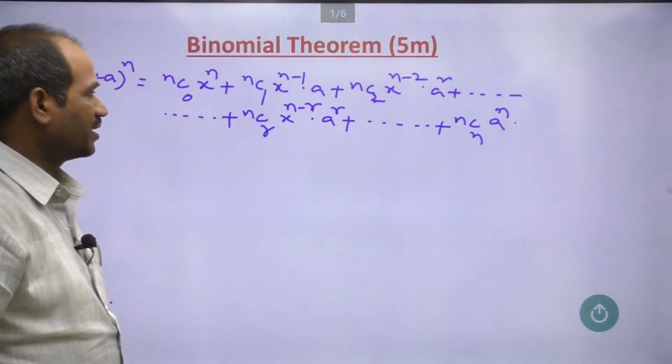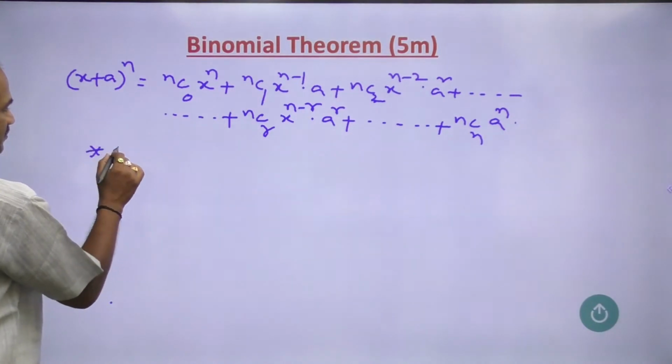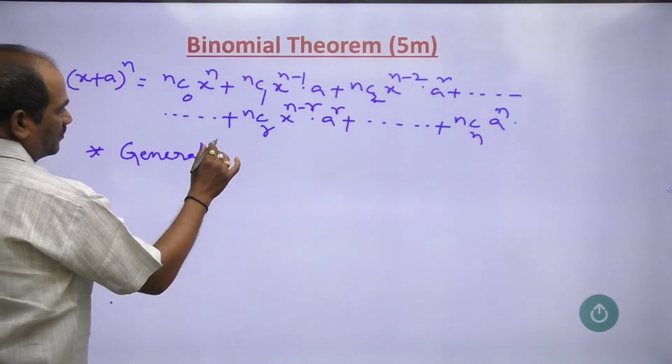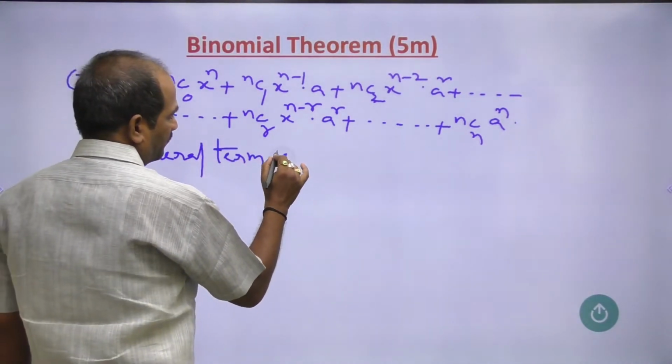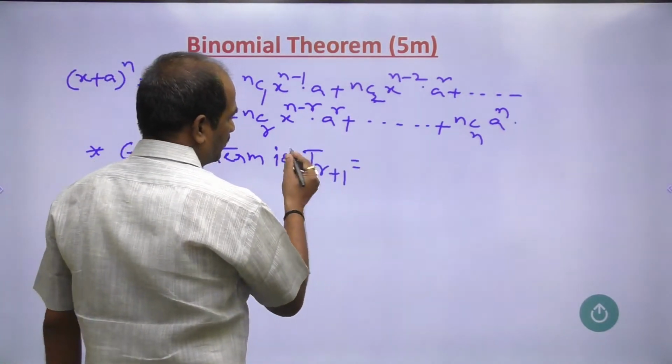This is the general term. In the general term, T(r+1) is equal to nCr into x^(n-r) into a^r. This is the general term.